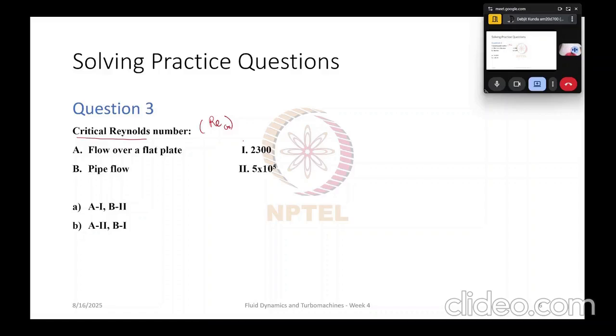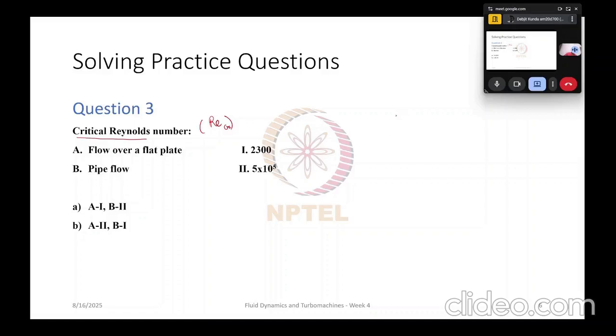So the two numbers are 2300 and 5 into 10 power 5. So which one is the critical Reynolds number for that particular flow situation? And what does critical Reynolds number mean?